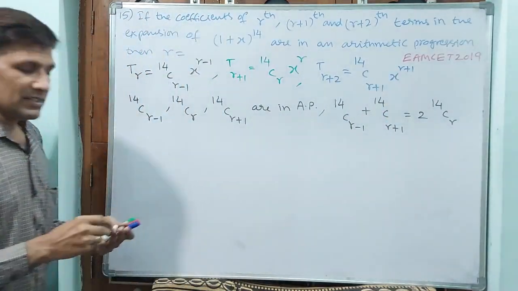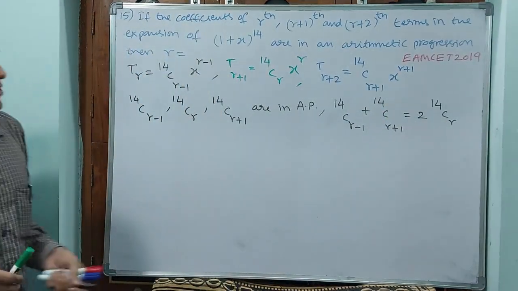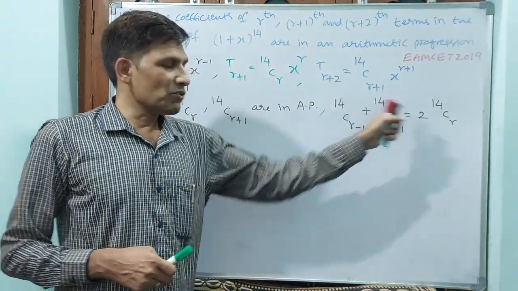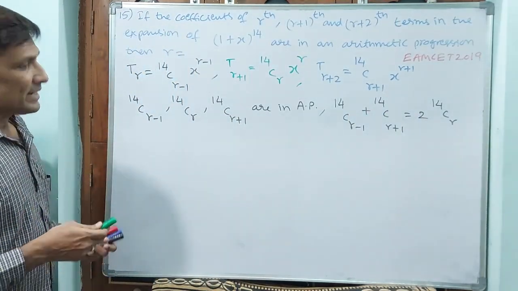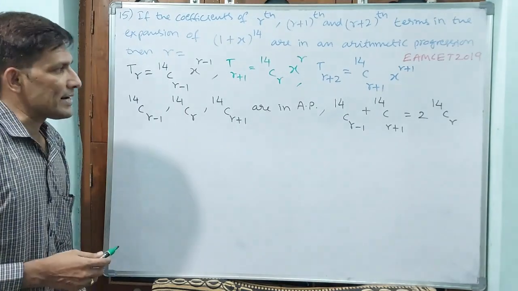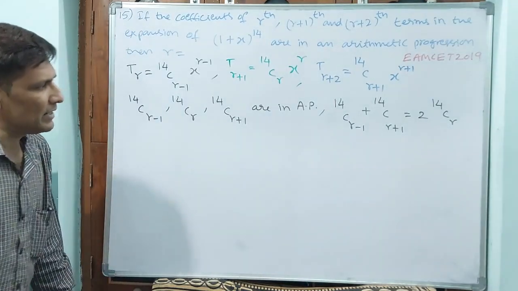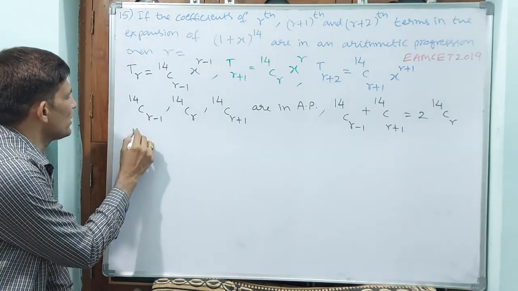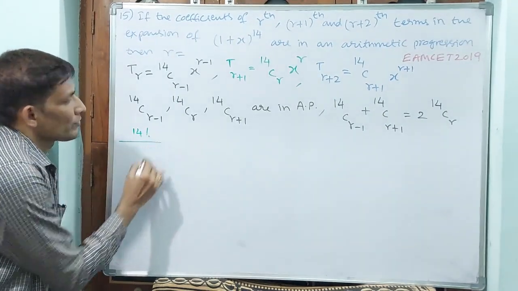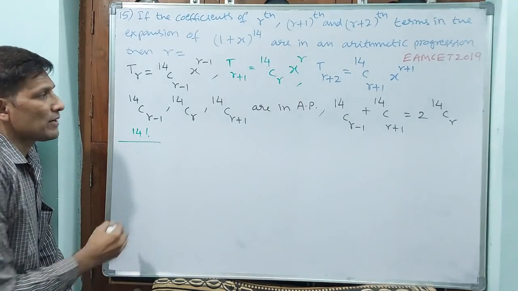If you solve this, you are going to get only r as the variable, that's all. The equation is there, you can solve. But here they don't give a direct answer, they give two answers. Let us see what will happen. You see 14 C (r−1), how I am writing, observe carefully: 14 factorial by (r−1) factorial.